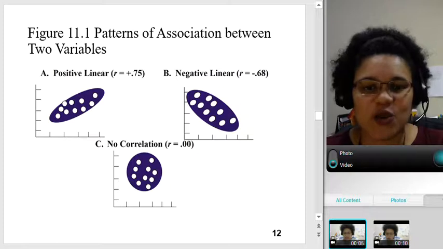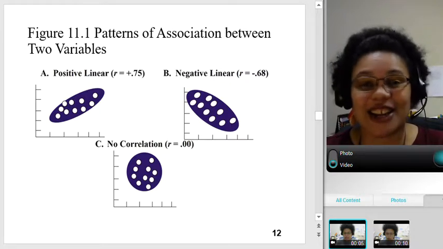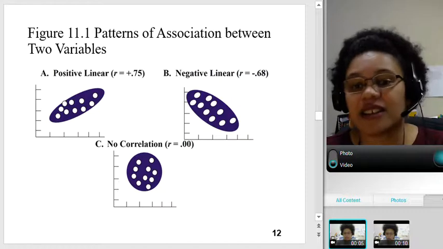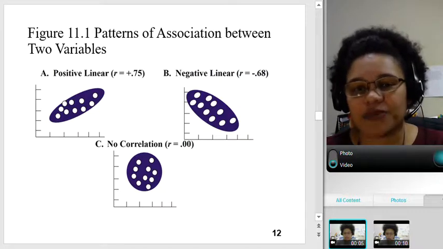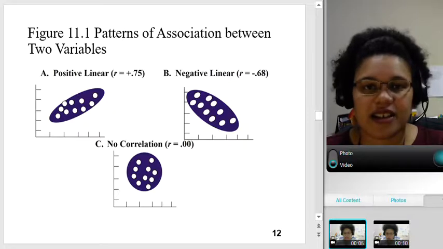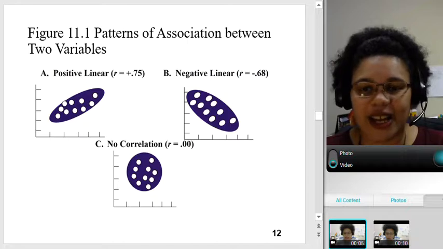And so we see how my weight might vary depending on the number of calories I'm habitually eating. As one is higher, so is the other. And then the negative example was exercise, right? The more exercise I do, that's the x-axis, my weight might be less, right?